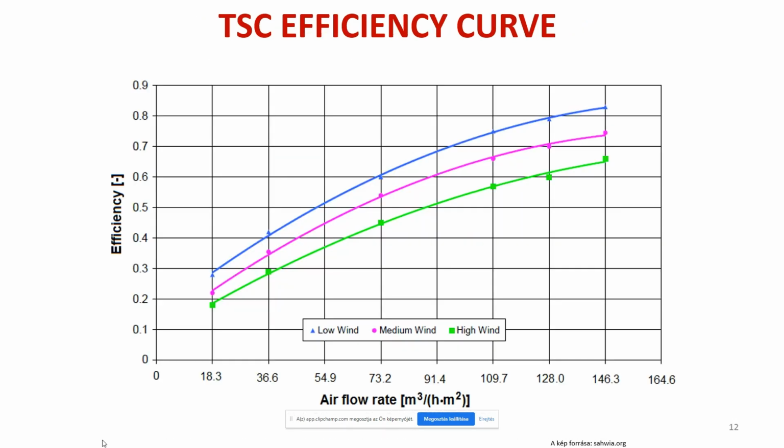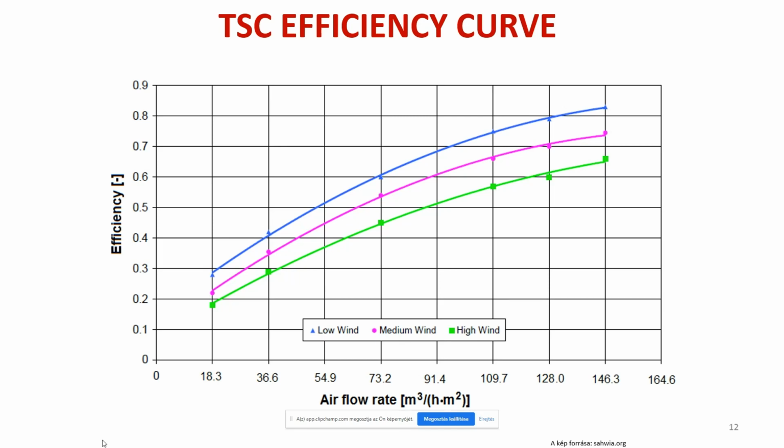This is why, if you have a look at the efficiency diagram of the collector, you can see that it depends only on the airflow rate and not on the temperature difference between the collector and the ambience, as it would be for normal collectors. So it is independent from the ambient temperature, and it depends only on the airflow rate.